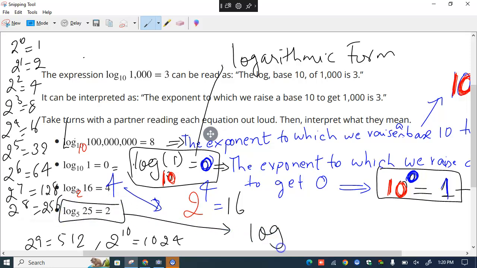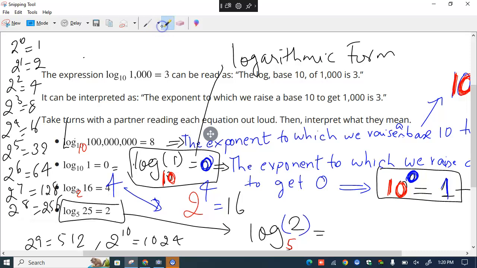So how do we write this? Log base 5 of 25 is 2.